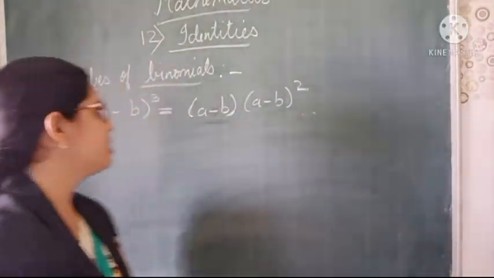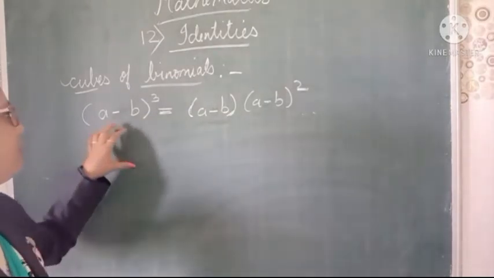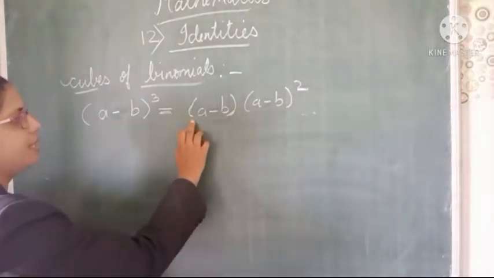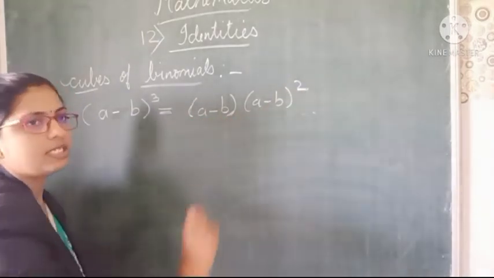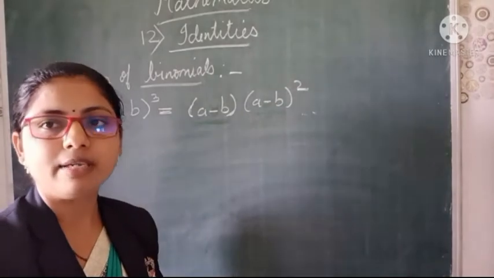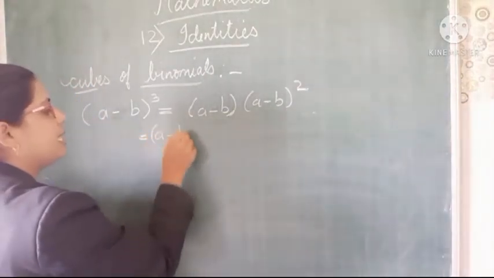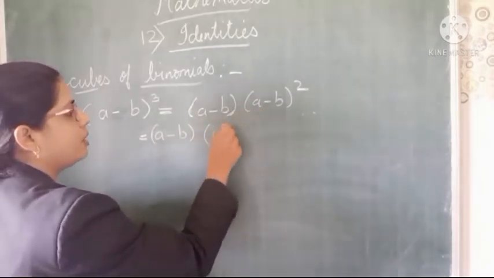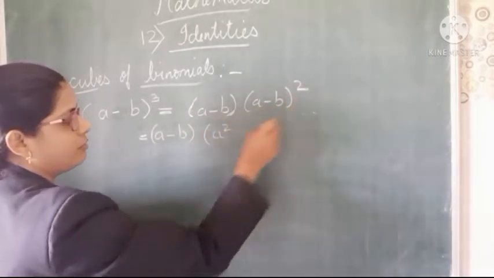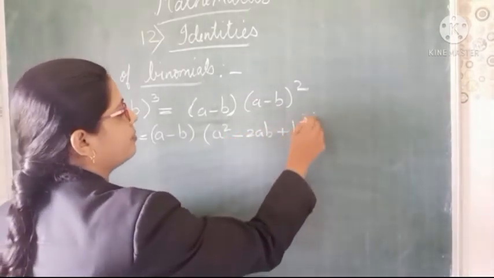Now suppose (a minus b) cube is there. You have to solve it in such a way: (a minus b) and (a minus b) square. We know for this, a square minus 2ab plus b square. So it will be (a minus b) as it is into the bracket, for which we write the formula, that is (a minus b) square formula, a square minus 2ab plus b square.